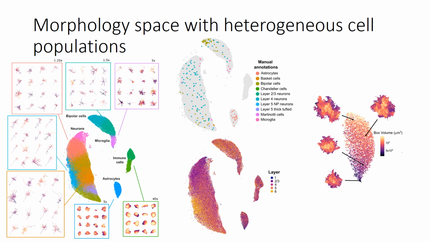Populations in the cell morphology space were consistent with 185 manually annotated cells provided by the MICrONS program. Neurons from different cortical layers were associated with distinct regions of the cell morphology space. And within the astrocyte population, it was apparent that layer 1 astrocytes were smaller, while layer 2-3 astrocytes were elongated perpendicularly to the pial surface.